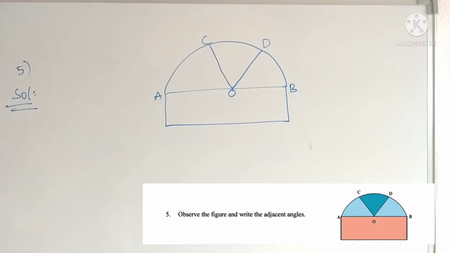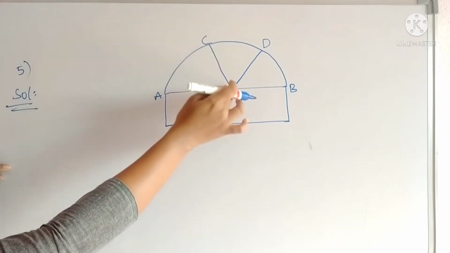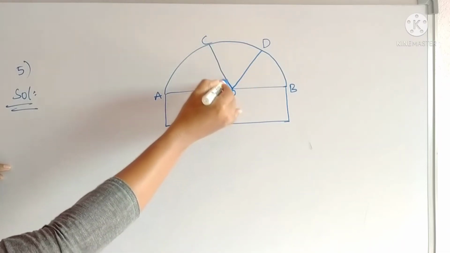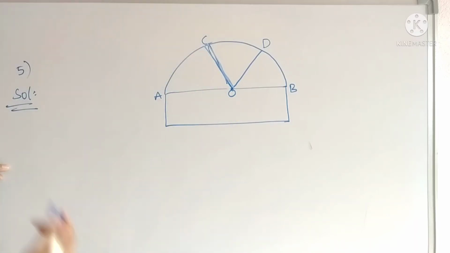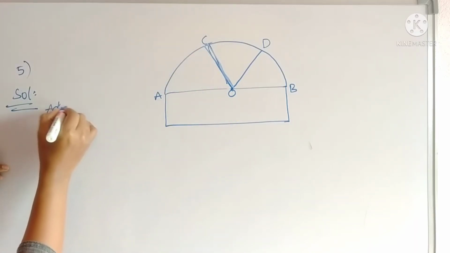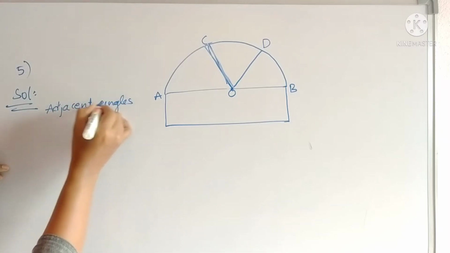Right? So here in the picture, just observe AOC and the COB. AOC and COB. They both are having OC as a common arm, right? And O as vertex. So we can write adjacent angles.